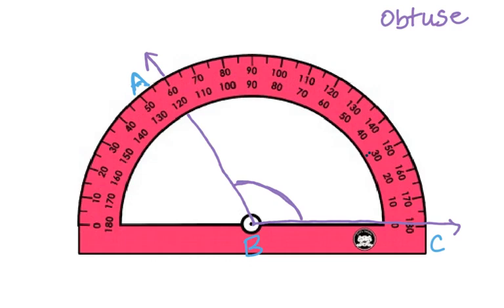So arm A falls across our protractor right here at the 120 degree mark. So we would say angle ABC equals 120 degrees.